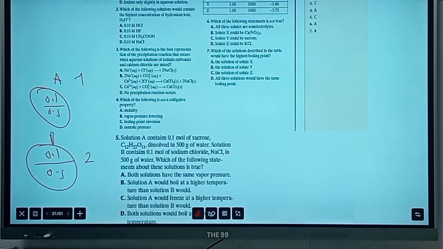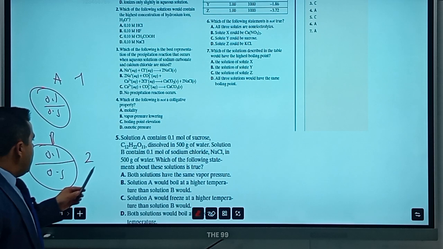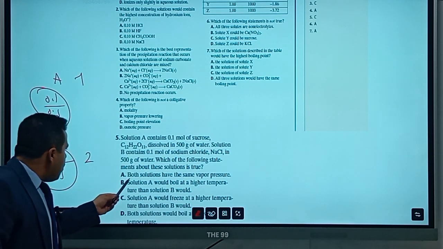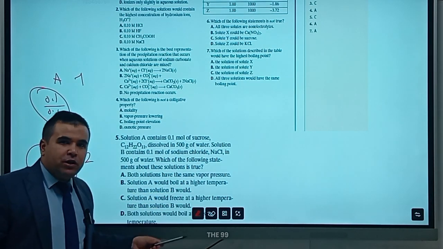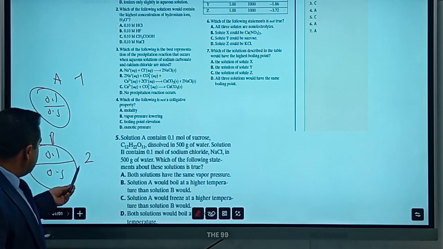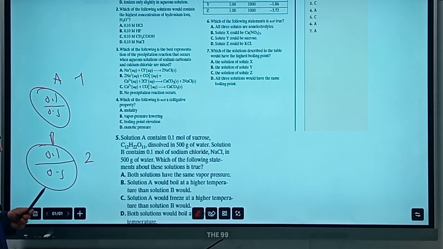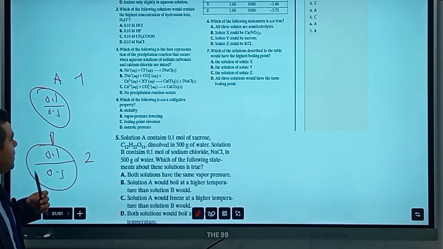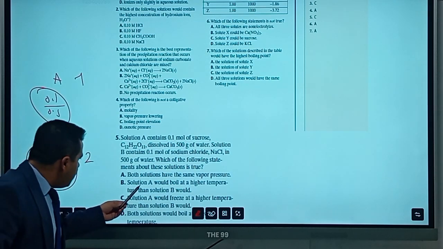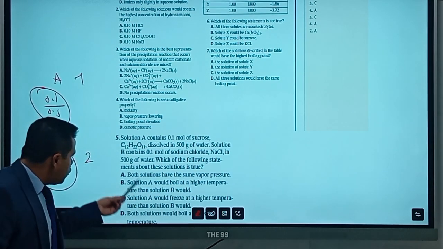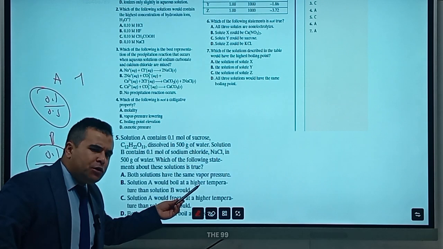Which of the following is the correct answer? Both solutions have the same vapor pressure? No, because this is an electrolyte. This has a lower vapor pressure than the non-electrolyte. Guys, solution A, which is non-electrolyte, would boil at a higher temperature?